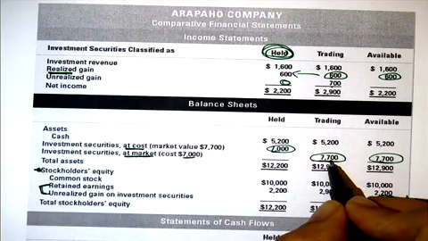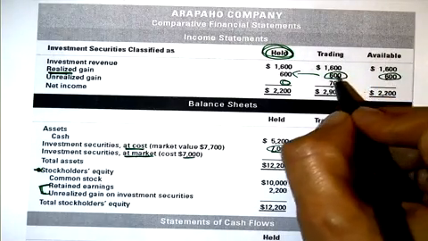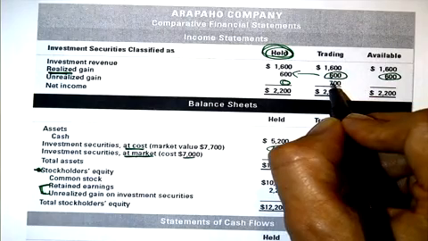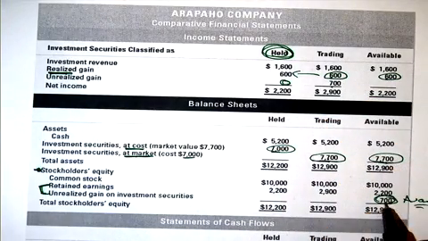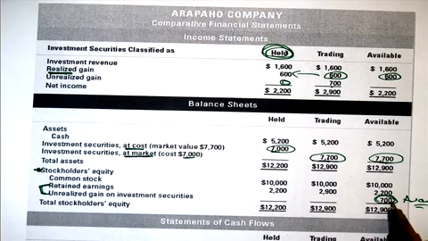That adjustment was $700. It increased the balance sheet, and for trading, it increased the income statement. For available, it increased the balance sheet, and it increased owner's equity. It was separately stated, like dividends, right? Think of that as dividends.